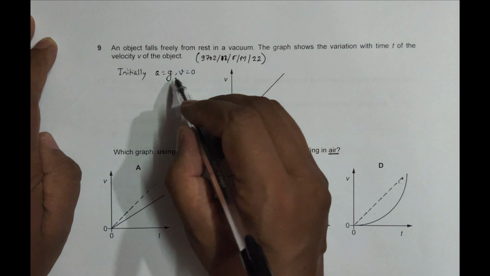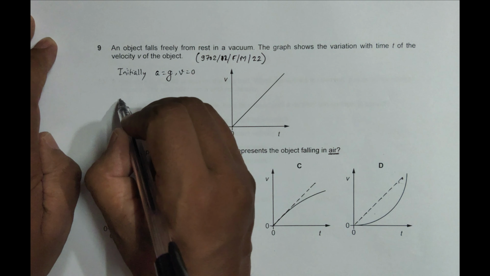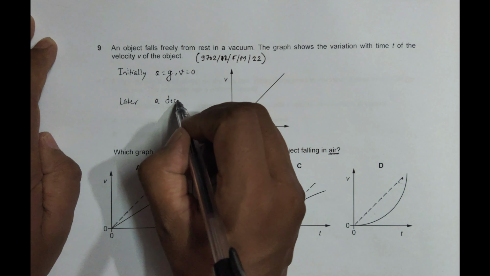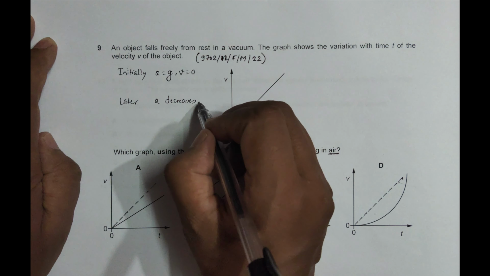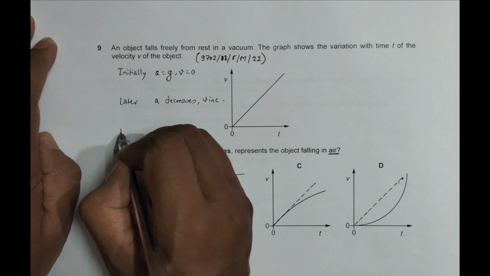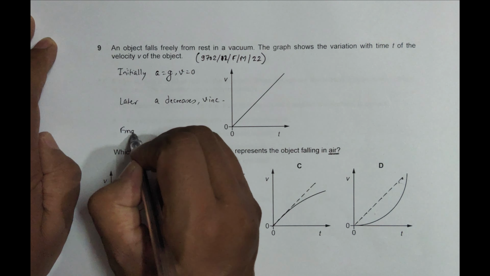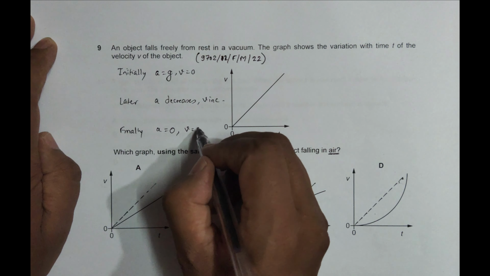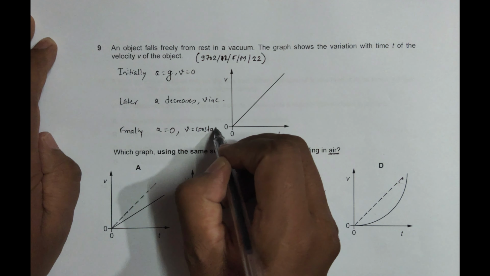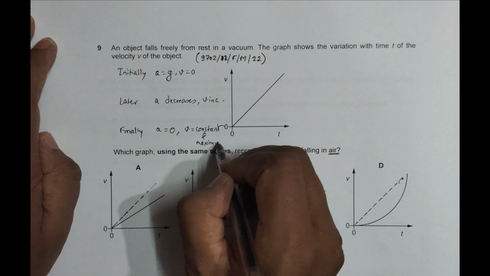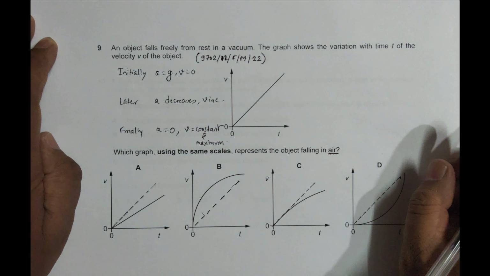Then later a decreases and v does increase. Finally a becomes 0 and v becomes constant and maximum. This condition is called terminal velocity. At that time the velocity is called terminal velocity.